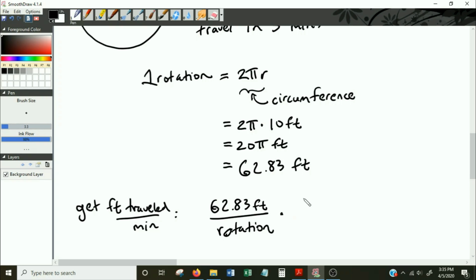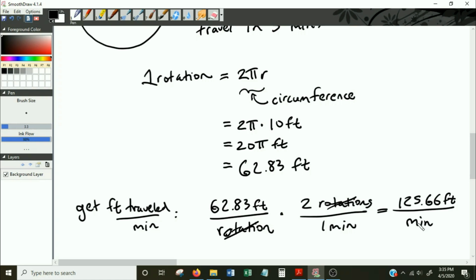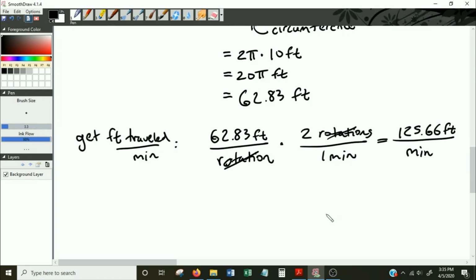And it rotates twice in 1 minute. So this cancels with this, and I end up getting 125.66 feet per minute. Okay? And now I've got how far it travels in 1 minute. The sushi roll travels almost 126 feet in 1 minute in this problem.